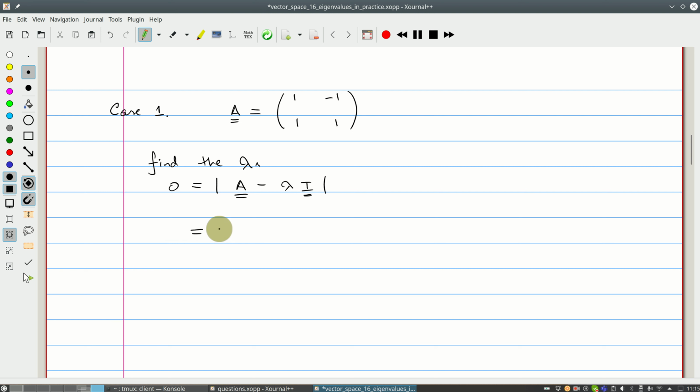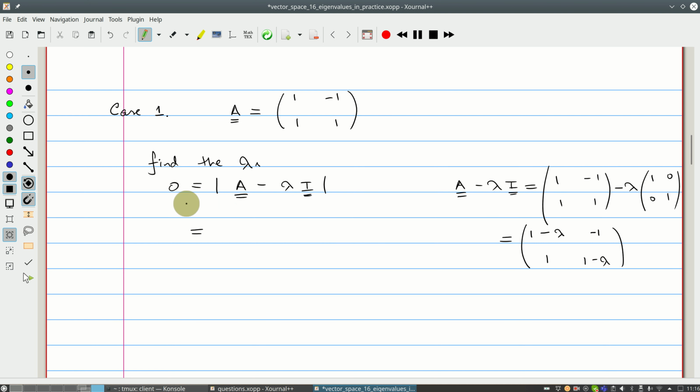Okay, so that's the determinant of, so what is A minus lambda I? That's equal to A, which is [1, -1; 1, 1], minus lambda times the identity [1, 0; 0, 1], and this is simply the A matrix, and you subtract off lambdas from the diagonal terms. If you form this, you'll have a 1 minus lambda, then 1, sorry, minus 1 here, and then another 1 minus lambda.